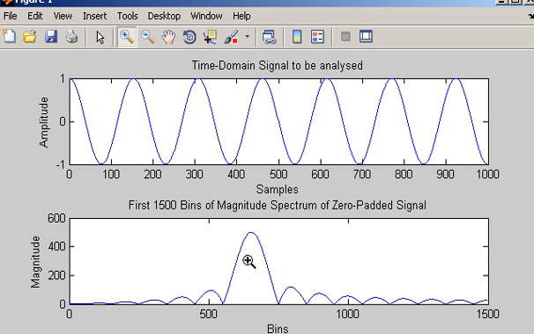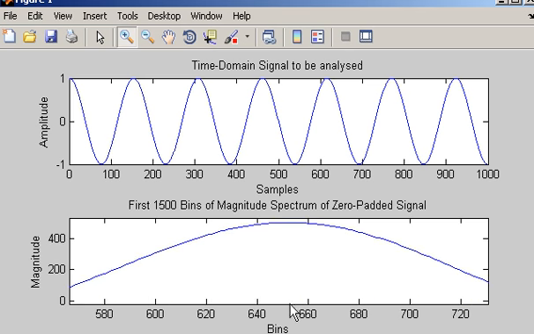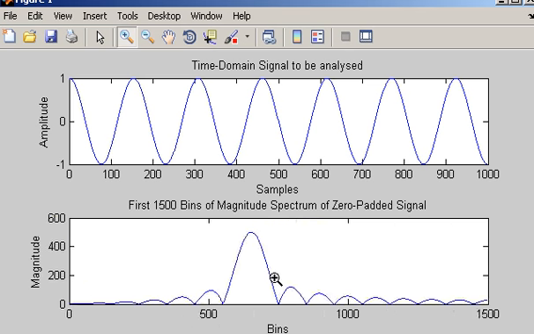So what we can see is we do get a maximum at bin number 650. And the frequency associated with that maximum is of course going to be the sampling frequency divided by the length of the signal, which in this case is 100,000, multiplied by 1000. So let me just write that out.